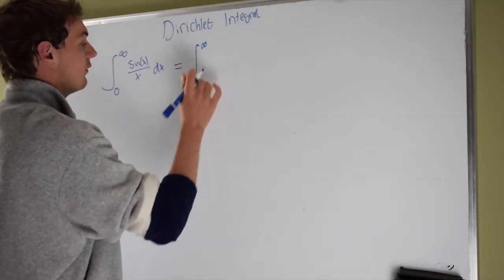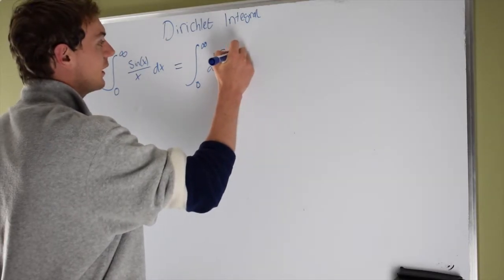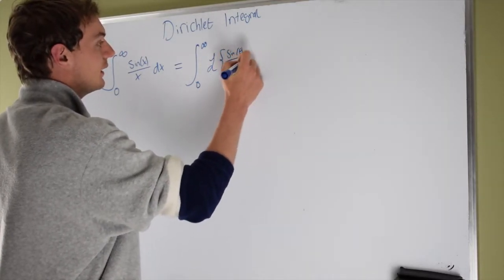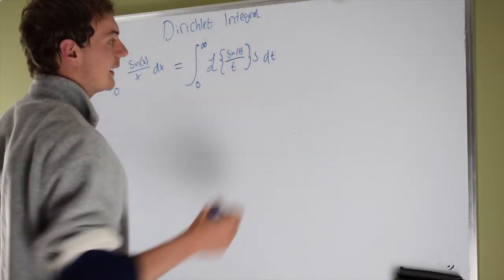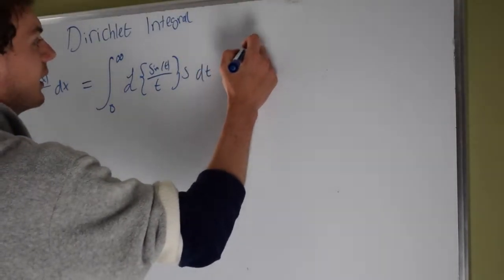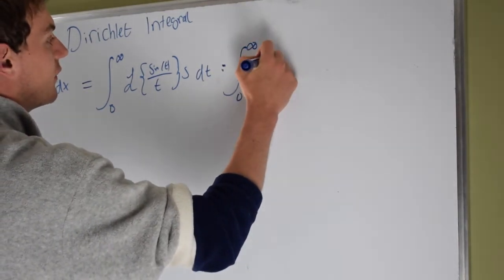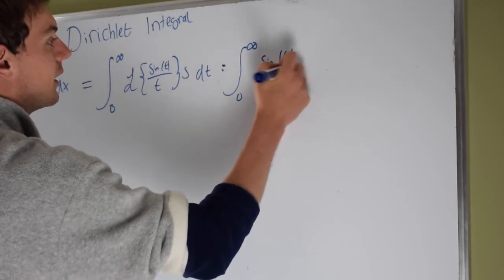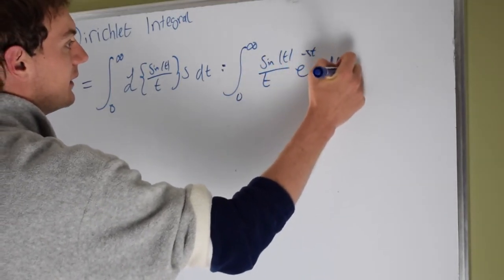So we're going to do from 0 to infinity, and then we're going to do Laplace of sine of t all over t, and then this is obviously evaluated at s for dt. So this can be just rewritten as the integral from 0 to infinity of sine of t over t e to the minus t dt.